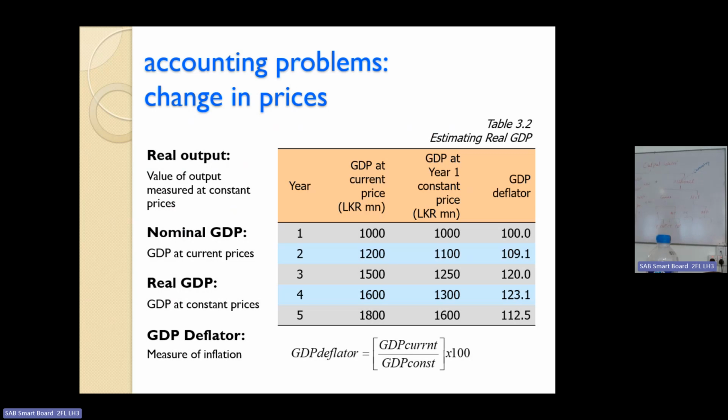How do we measure economic growth? We take the first year and the second year. Economic growth in year one: the real GDP goes from 1000 to 1100, so 1100 minus 1000 is the change in the real GDP compared to the previous year.